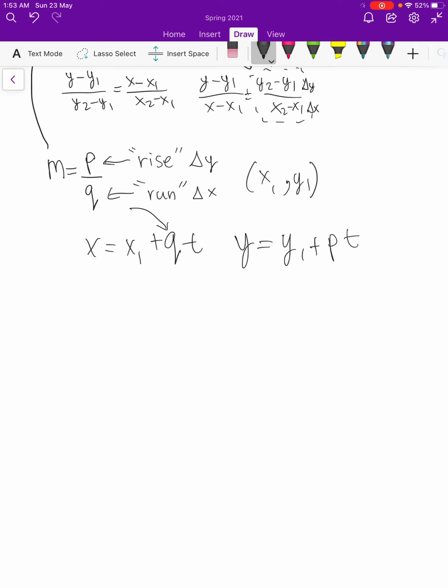Now we're going to say that q is not equal to 0 in this case because, well, if we let q equal 0, we're just going to have a vertical line with an infinite slope. So we don't want that. There's no point of that.